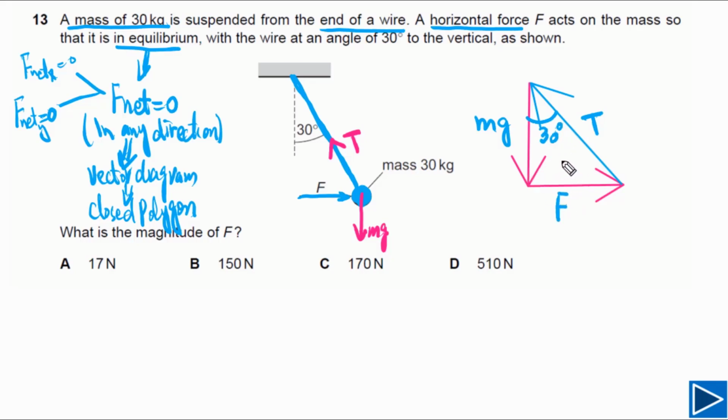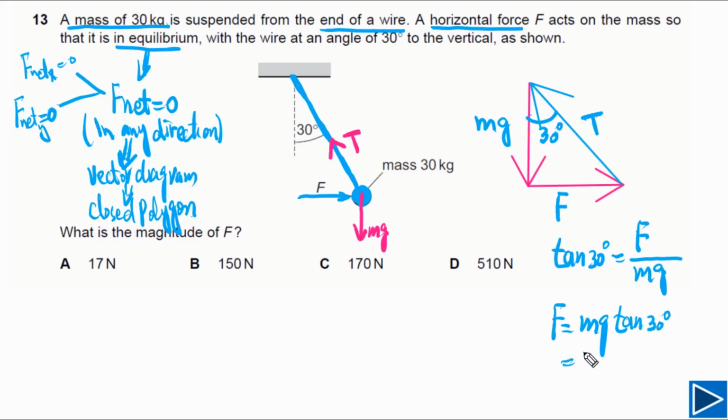Now if we look at this angle, we can simply write down that tangent of 30 degrees will be equal to the opposite side divided by the adjacent side, that is mg. From here we can find F, which will be equal to mg times tangent of 30 degrees.